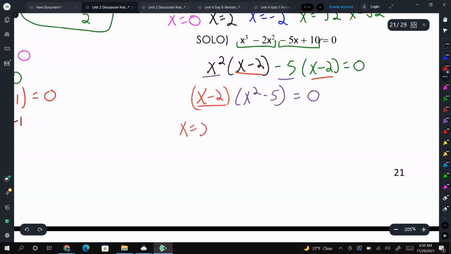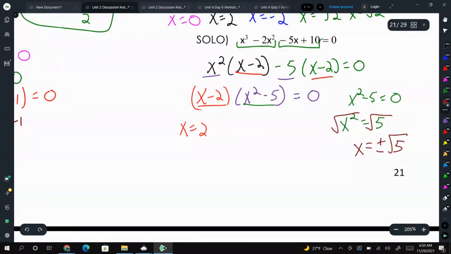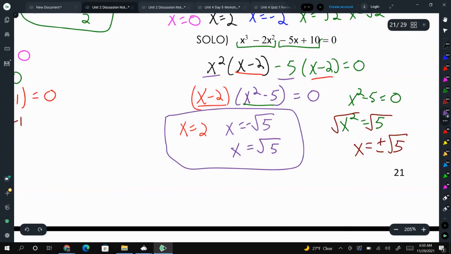So x equals 2, but for this, we got to do some work. And then when we square root both sides, we get x equals plus or minus the square root of 5. So we get x equals negative square root of 5 and x equals positive square root of 5. And those would be my 3 answers here.